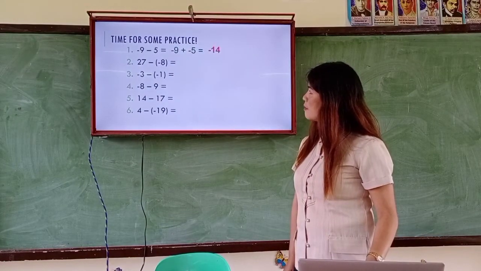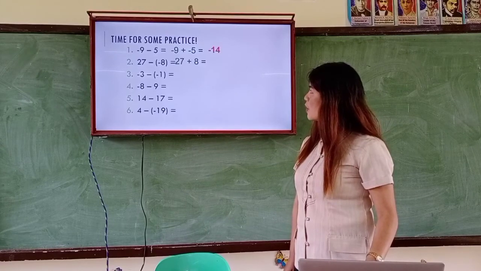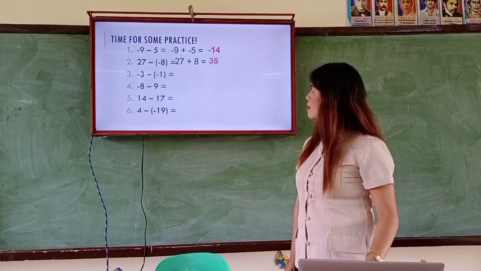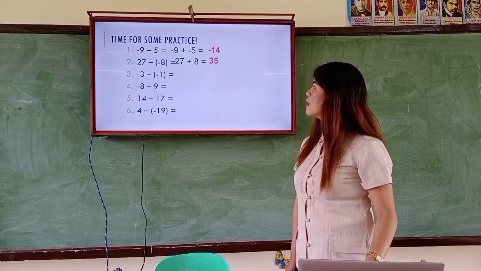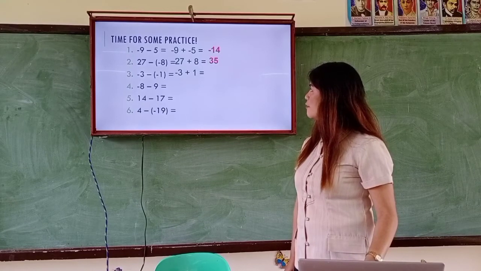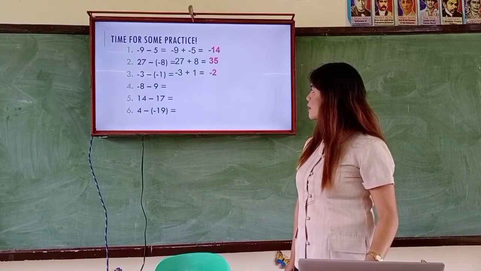Number 2, 27 minus -8, that is keep, change, change. So 27 plus +8 is 35. Number 3, we have -3 minus -1. Keep, change, change. That is -3 plus +1, which is equal to -2.